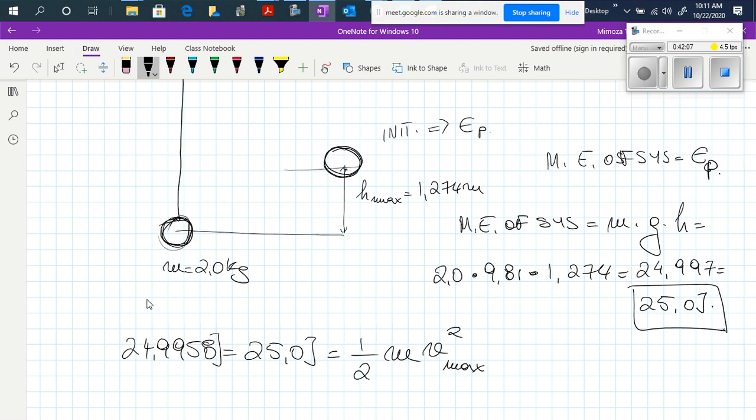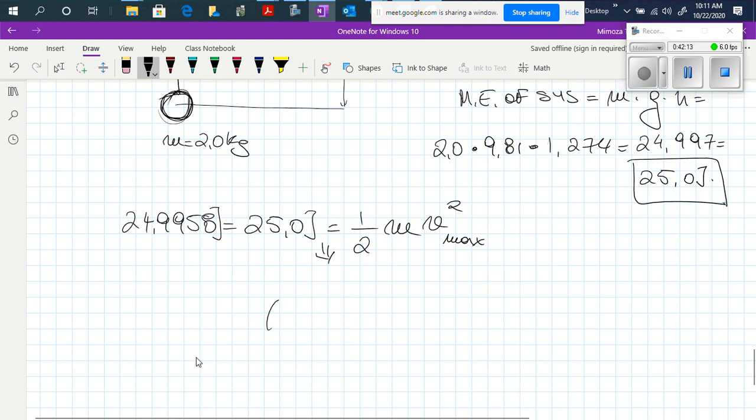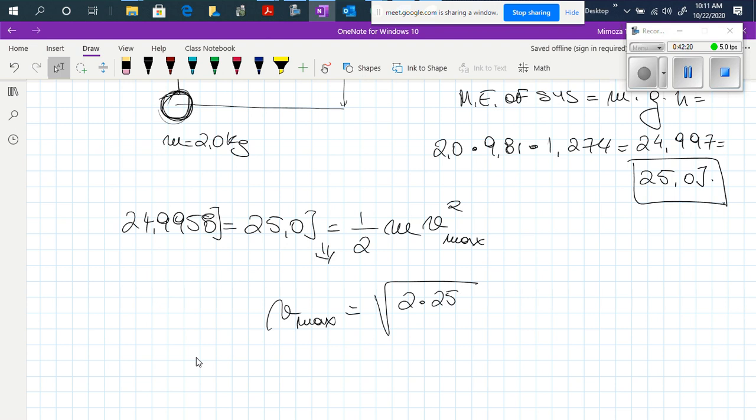And from here we find what v max is. It will be the square root of 2 times 25 over 2.0. So it will be 5.0 meters per second. Okay, good. Is this clear?